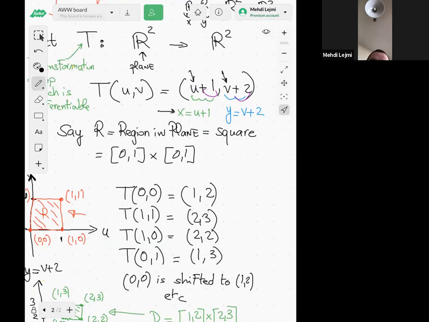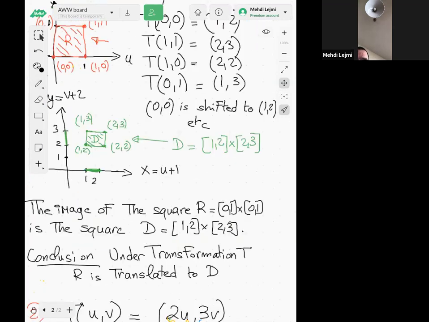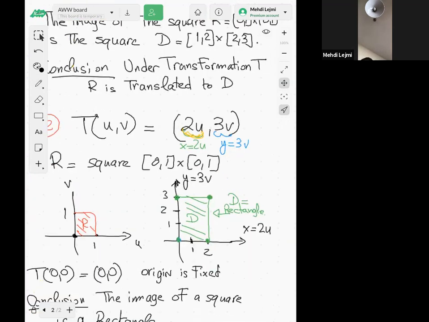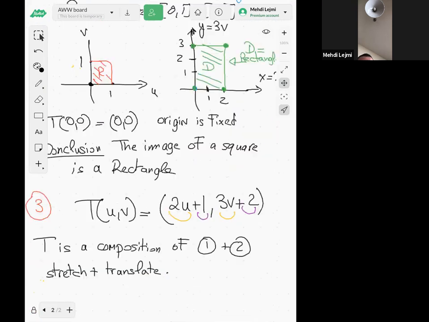The second example, same thing: it's v plus 2, it only involves v. There's only one variable in each component. Same here in example number 2, and same here for number 3.